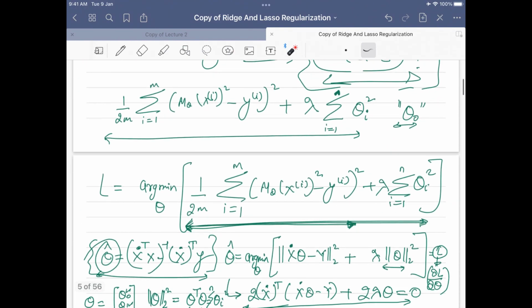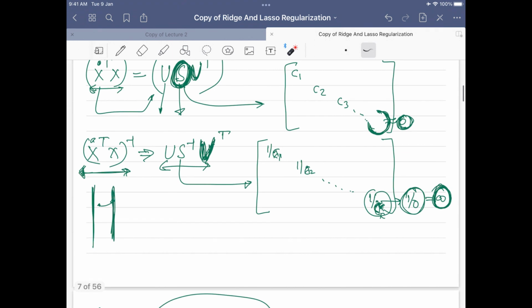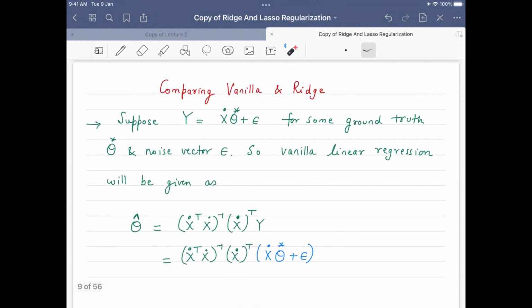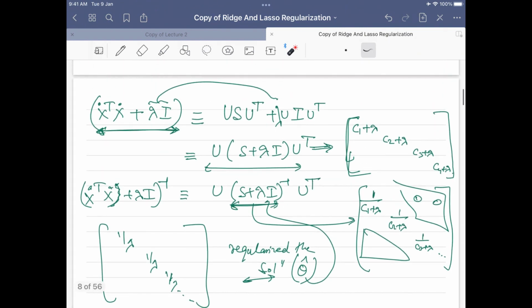Another way is through the eigenvalue decomposition. So these are two different ways of explaining the importance of lambda. The third way of explaining the importance of lambda is by showing you the mathematical calculations, which I will show you here. Before going there, let me tell you one thing.